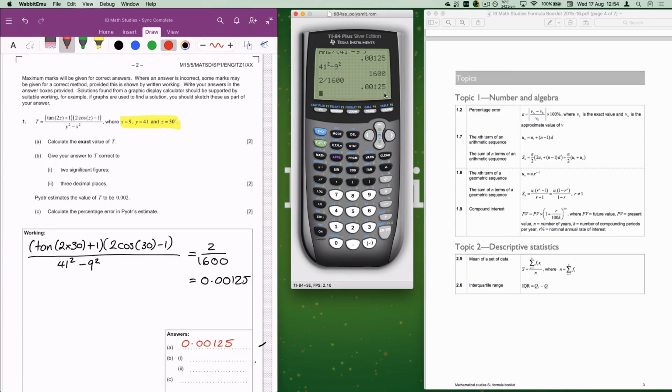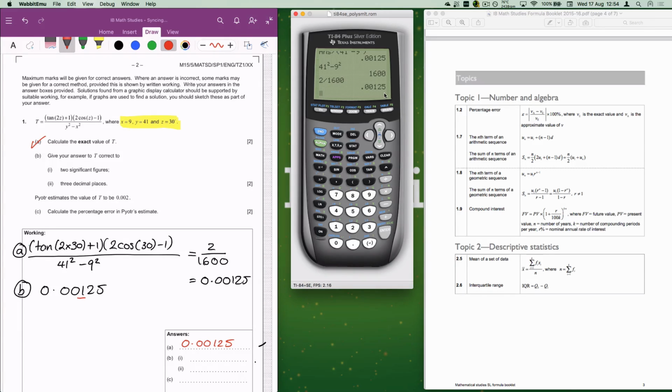Now part B, so that's A done. Let's do part B. Give your answer correct to 2 significant figures. So we have 0.00125. Now, to do significant figures, we start with the first non-zero number on the left. So the first non-zero number on the left is 1.